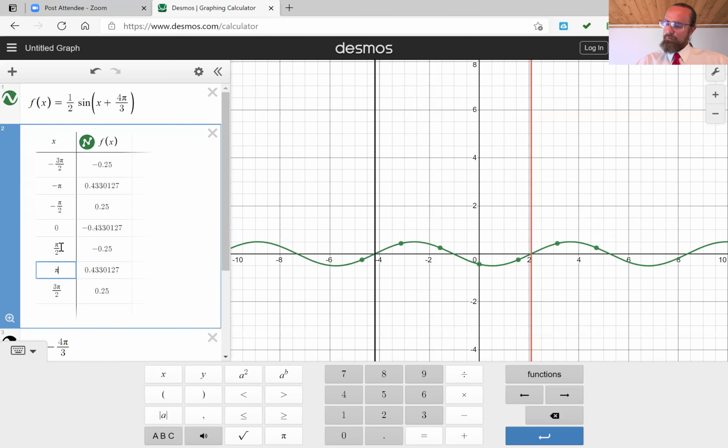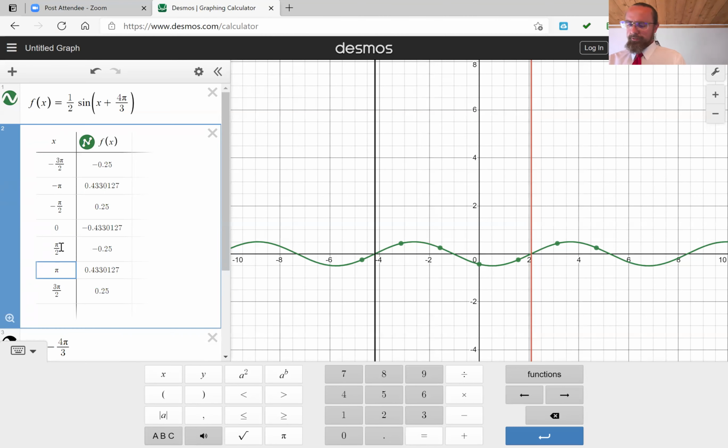Negative pi is an approximation 0.43. And then I got +1/4 at negative pi over 2. 0 is negative 0.43. Pi over 2 is -1/4. Pi is positive 0.43. And 3 pi over 2, 0.25.